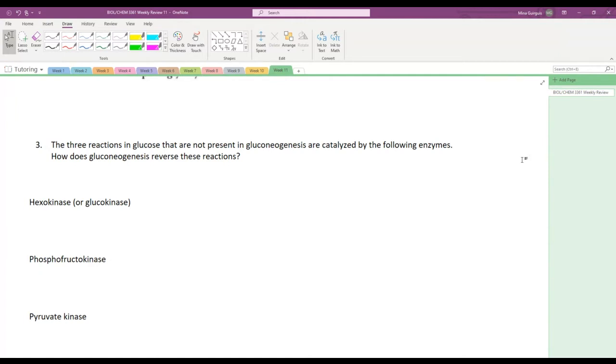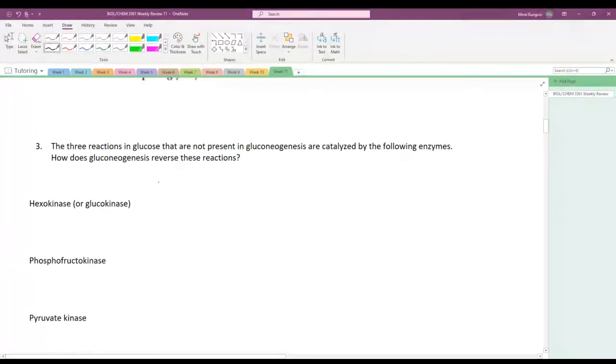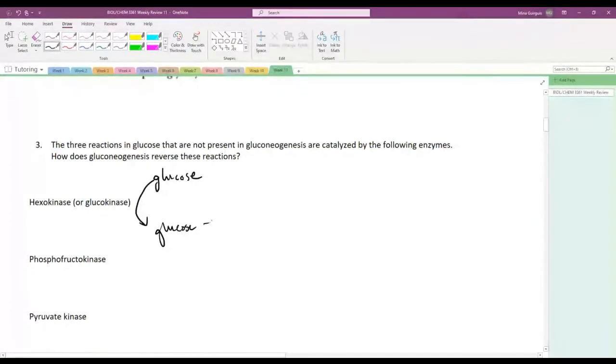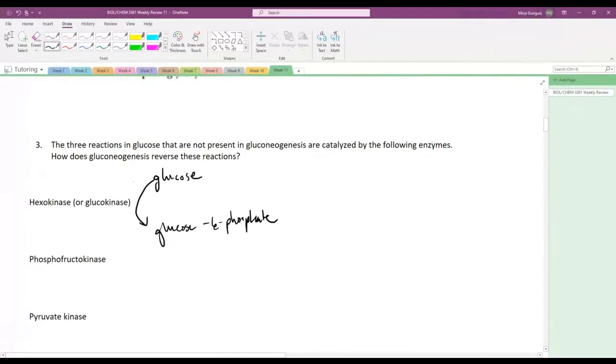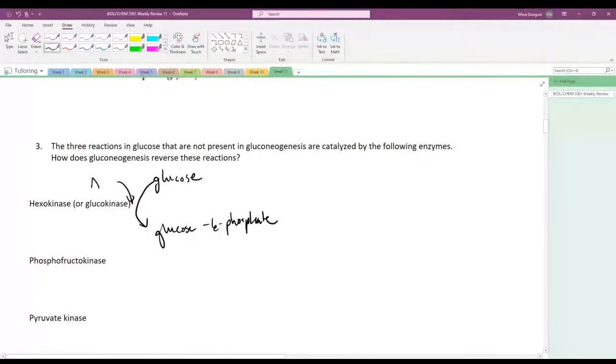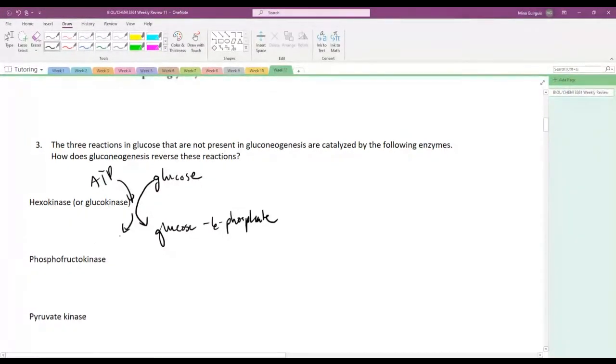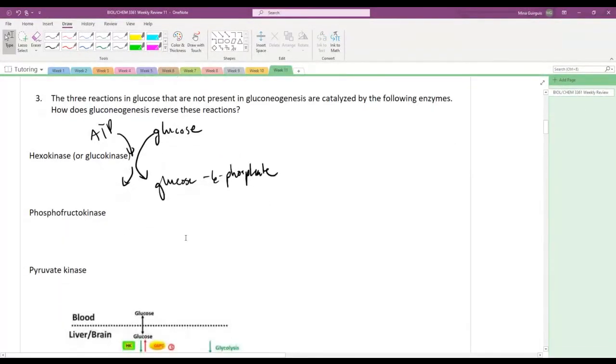So how does gluconeogenesis reverse these reactions? Just a reminder, like I just mentioned, hexokinase is the glucose to glucose 6-phosphate reaction. And we use ATP and get out ADP.